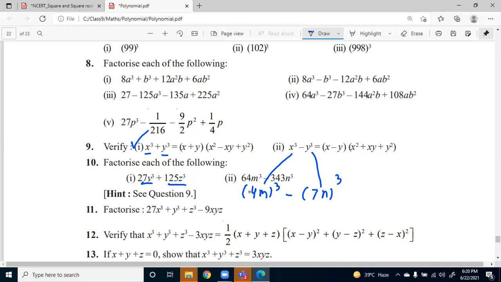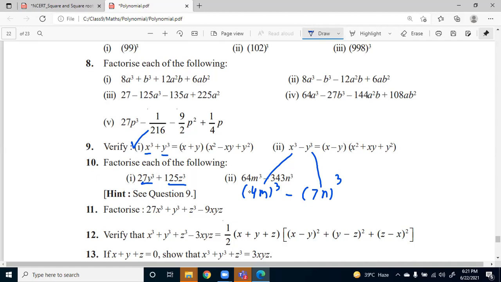There is a cube number, the sign in between is minus, there is another cubic number. So is it matching? What do you say? Can we apply this identity? Yes, ma'am. Okay. So what is the value of x here? Ma'am, 4.